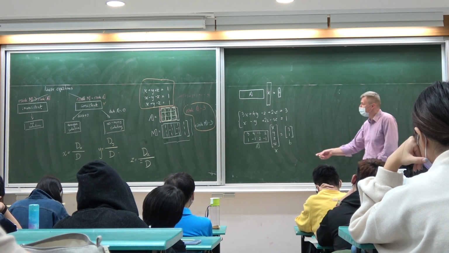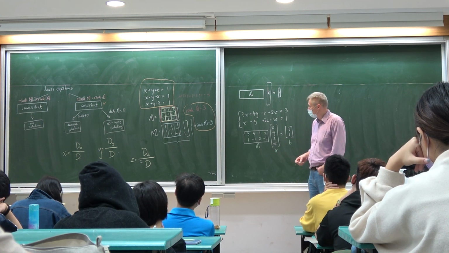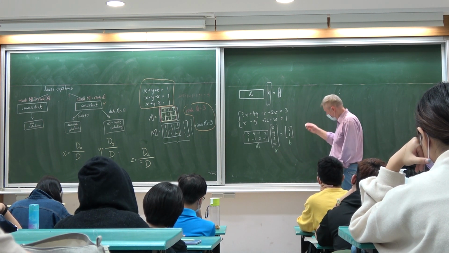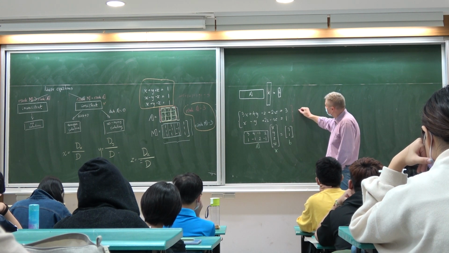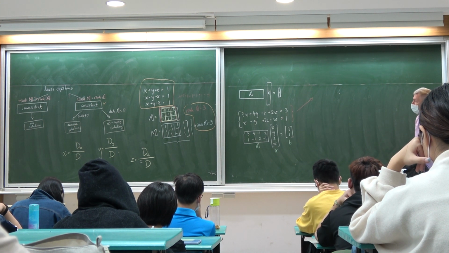Clearly, I cannot take the inverse of A. What you do in this situation, the solution is quite easy. You change it into a square problem. How?